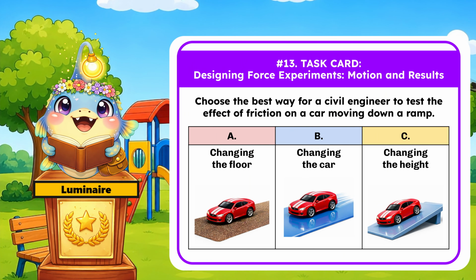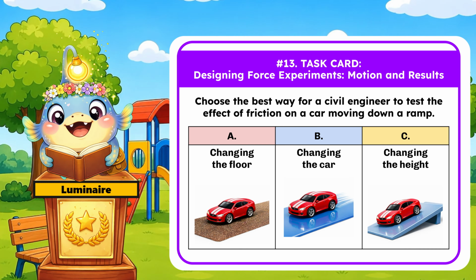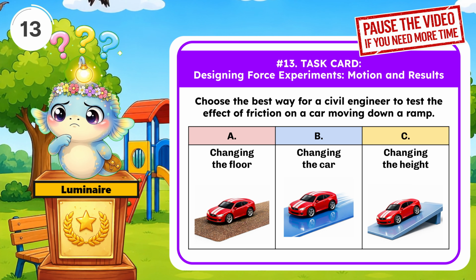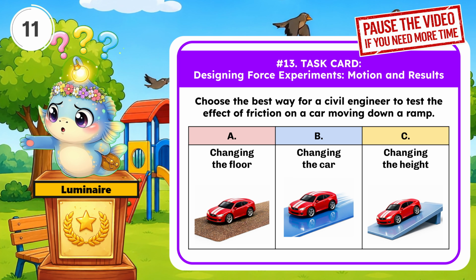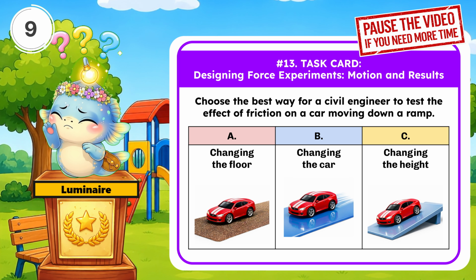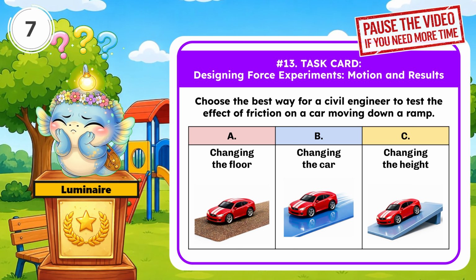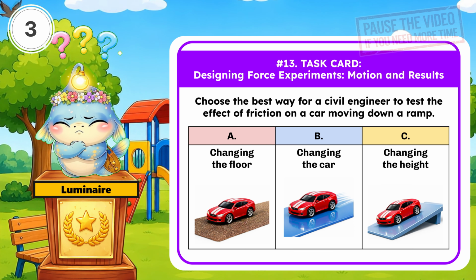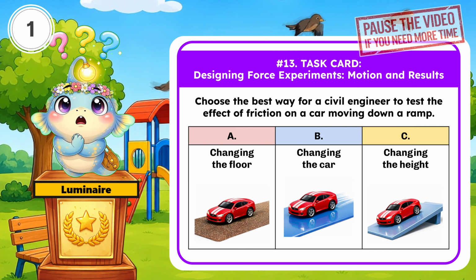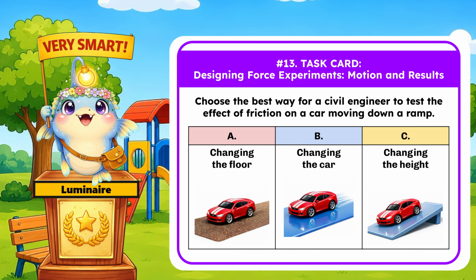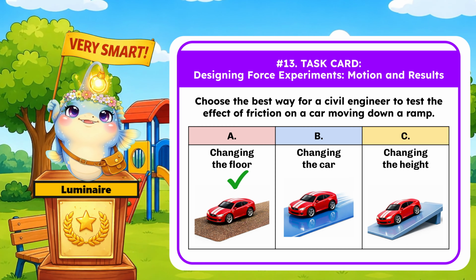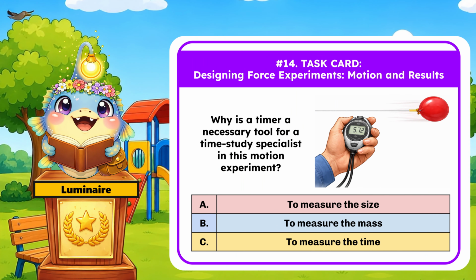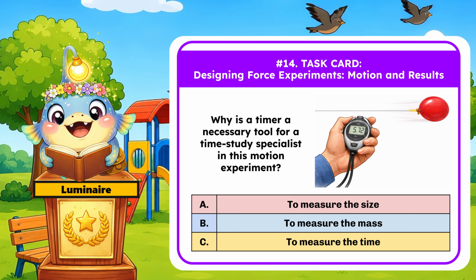Choose the best way for a civil engineer to test the effect of friction on a car moving down a ramp. And the correct answer is letter A. Changing the floor.